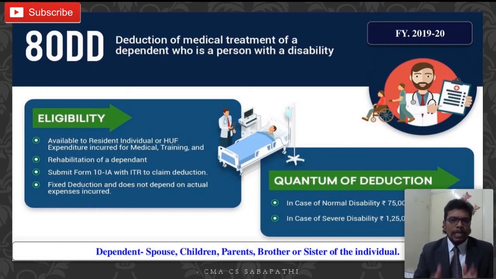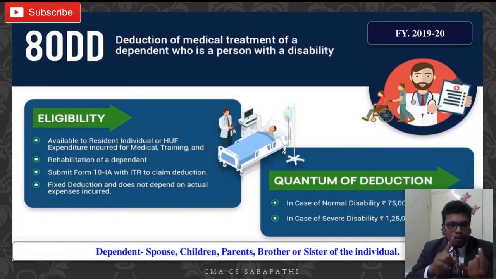If they do have a disability but it is normal disability, less than 80%, in that case also you can claim 75,000. Please do understand, my dear friends, no receipts are required, no expenses are required. If you are supporting them, you can directly claim 75,000 and 1,25,000. There is no need to show a receipt for what I have spent for them.